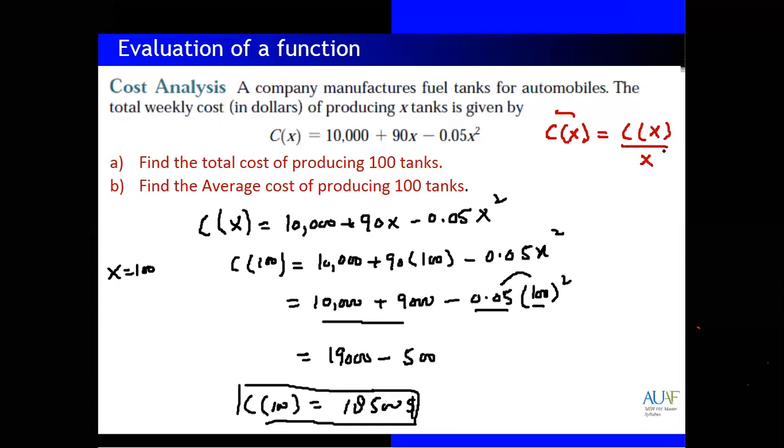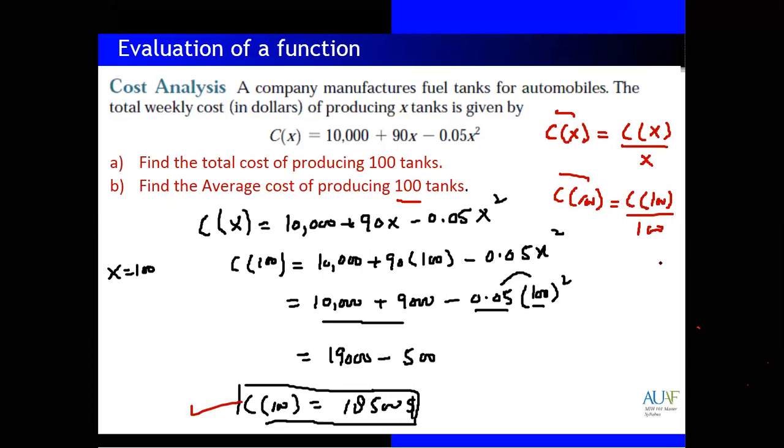If you want to find average cost of 1000 tanks, so replace x with 1000 and also divide by 1000. Now we have 100 fuel tanks, so we know that C bar of 100 is equal to cost of 100 divided by 100. We know what is the cost of 100 tanks.